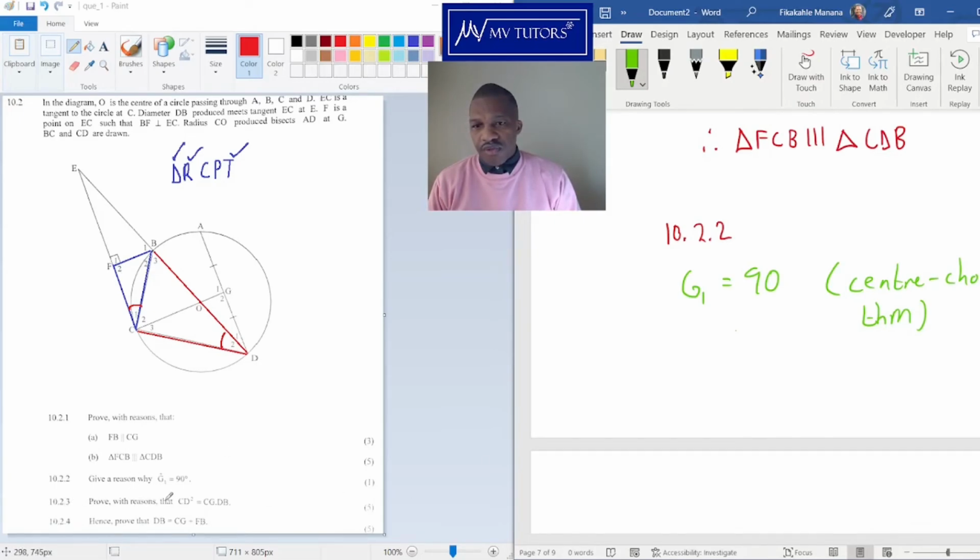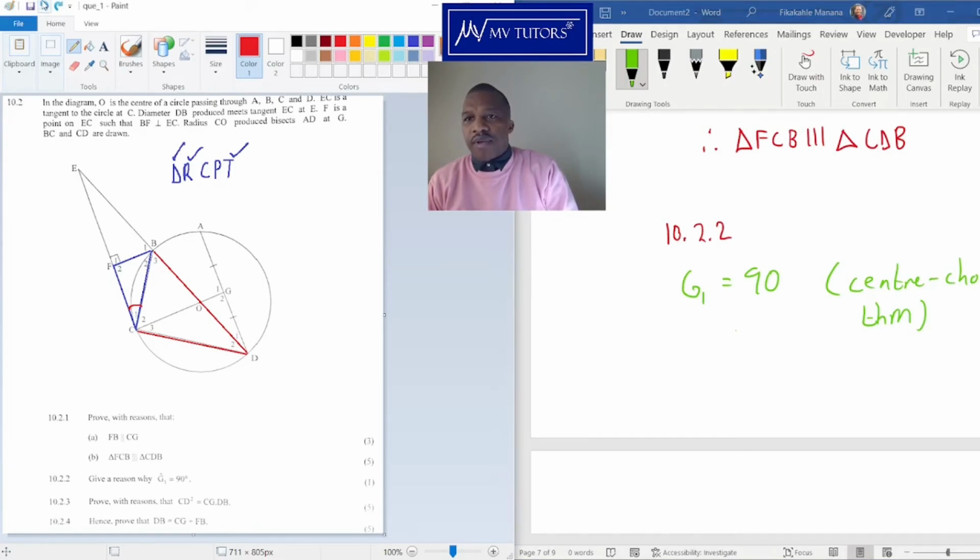And then it says 10.2.3, prove with reason that CD squared is equal to CG times DB. Okay, so we need a game plan also here. The way that we're going to attack this one is to identify CD.